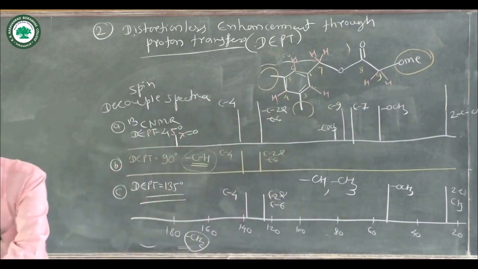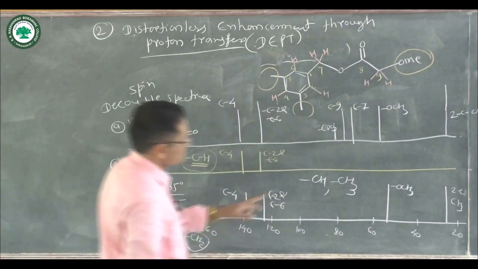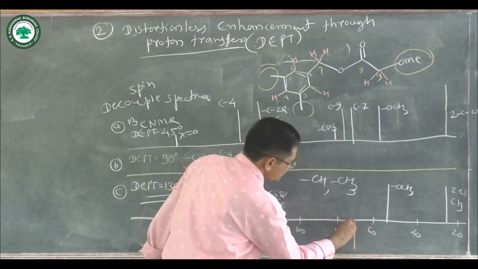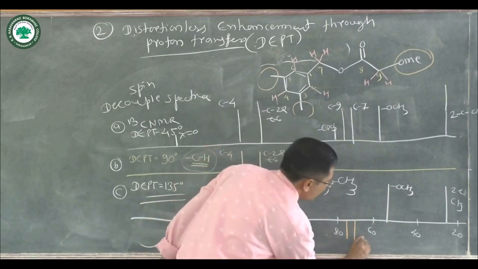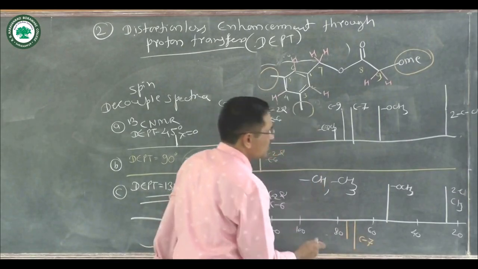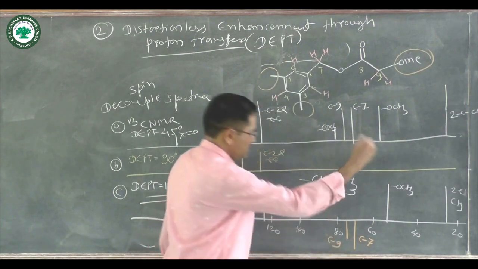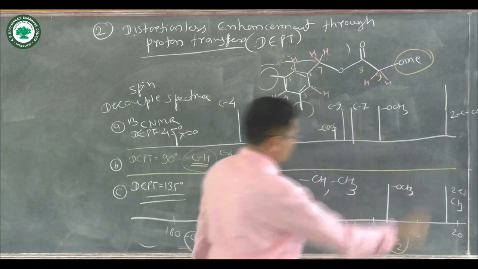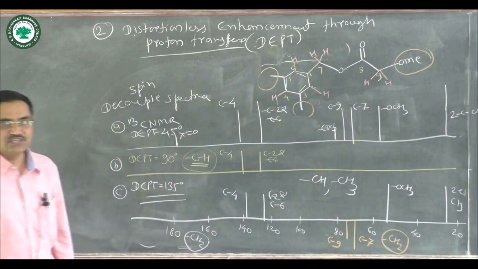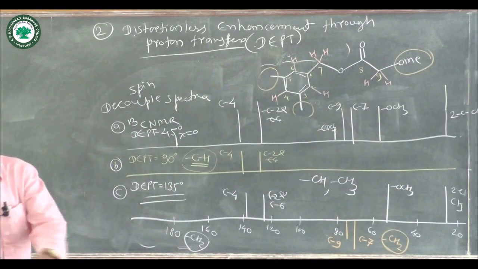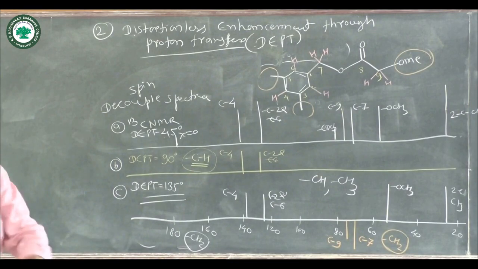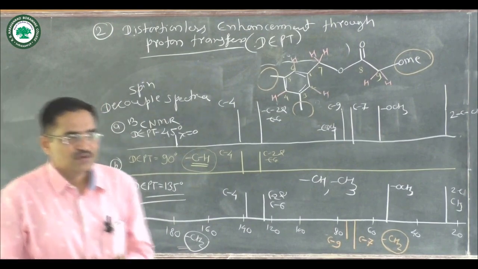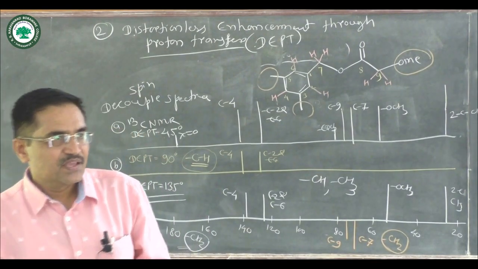So in this case C7 as well as C9 are on the downward side, meaning we easily distinguish CH2 and CH3.